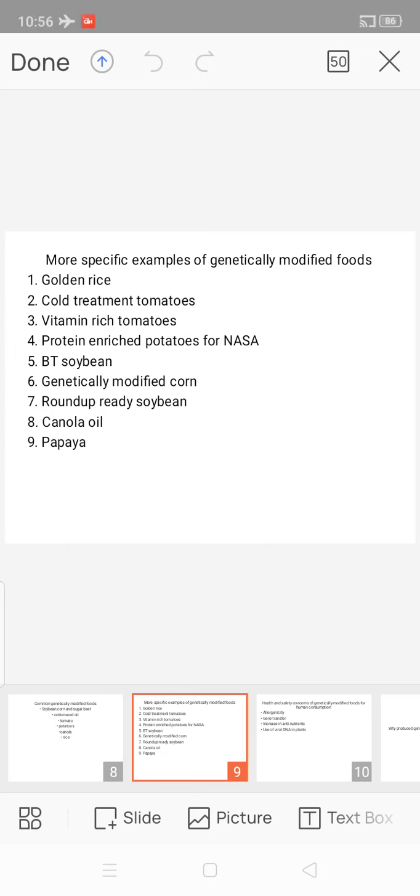Bacillus thuringiensis is a ubiquitous soil bacterium and is the source of the gene for insect resistance. Next one, genetically modified corn.